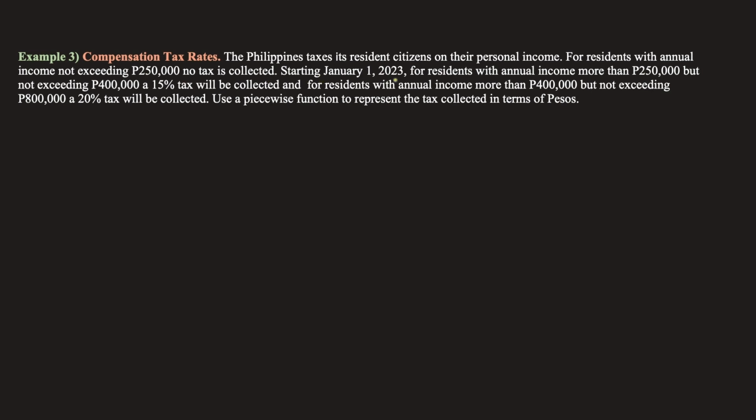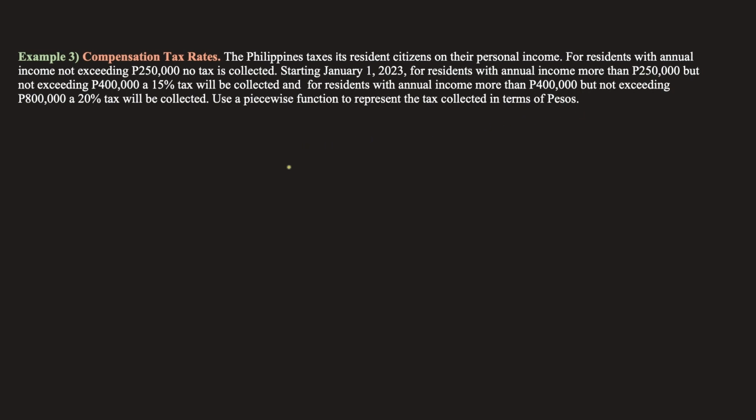Starting January 1, 2023, for residents with annual income more than 250,000 but not exceeding 400,000, a 15% tax will be collected. And finally, for residents with annual income more than 400,000 but not exceeding 800,000, a 20% tax will be collected. Use a piecewise function to represent the tax collected in terms of pesos.